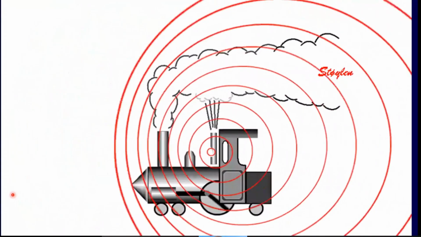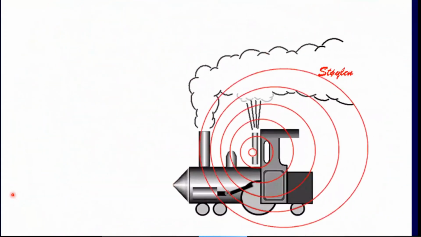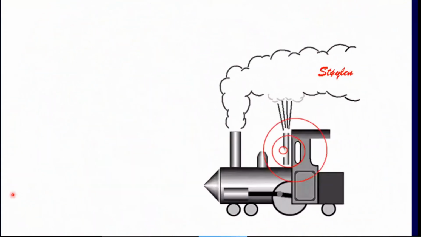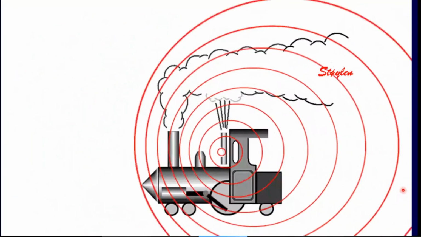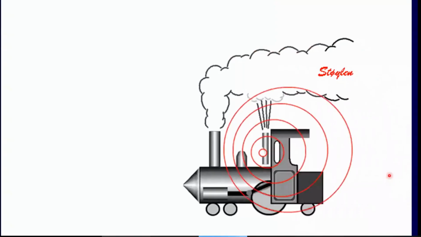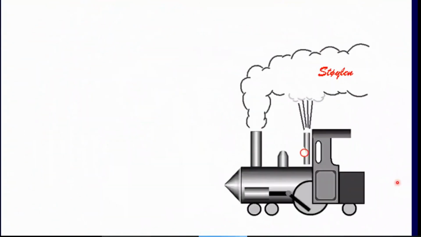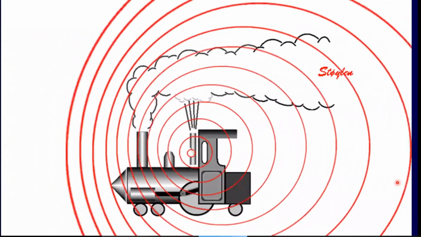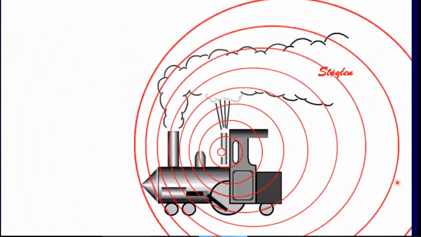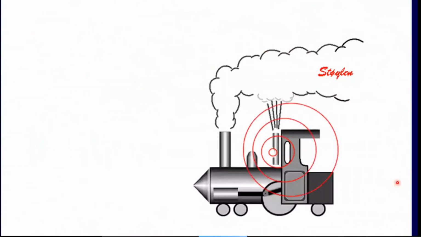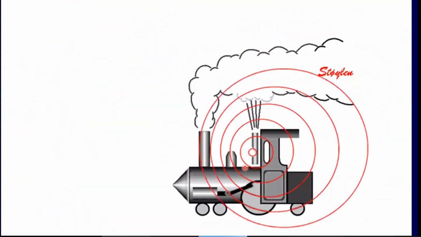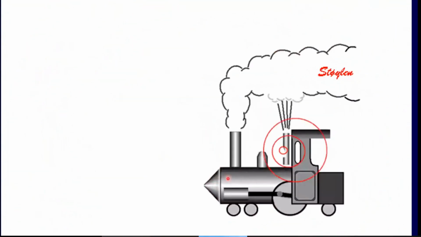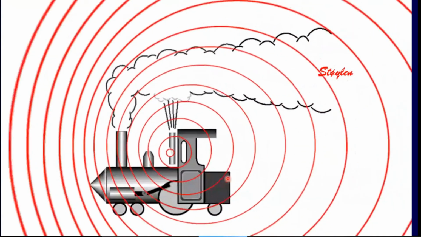As the object reaches the transducer, the frequency increases, and if the object is moving away from the transducer, suppose it's on the right side of the screen, the frequency will decrease. So this apparent change in the frequency as compared to the transmitted frequency is the one which is coming from the object. So the difference in the frequency is called the Doppler shift.